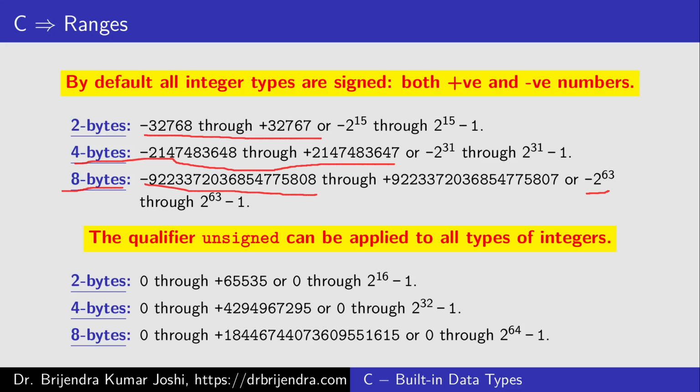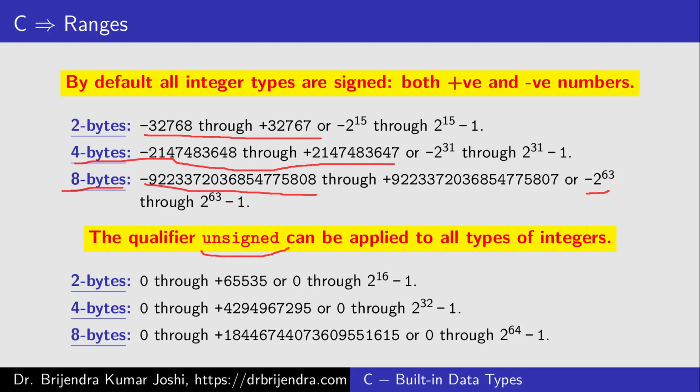Now normally we can make use of a qualifier, unsigned. We can make unsigned short, unsigned int, unsigned long, and unsigned long long. If we use the qualifier unsigned, it means we don't want to represent negative numbers.